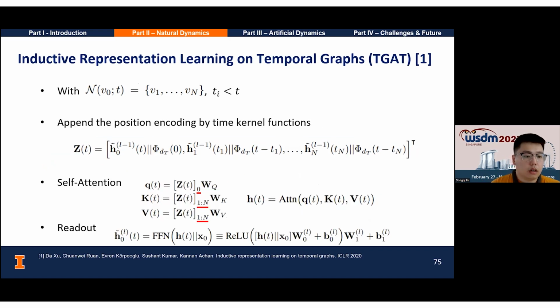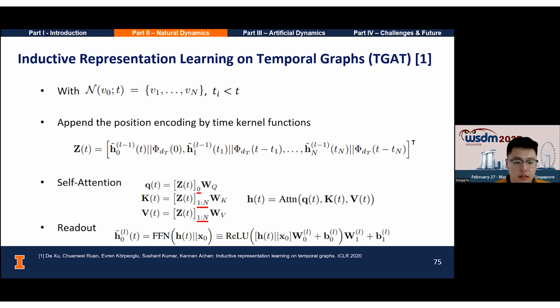With the spatial temporal neighbors and Z(t), next we can do the self-attention on the spatial temporal neighbors. Following the standard architecture, we need the query, key and value matrices for the self-attention. Again, Z(t), the zeroth row, and from the first row to the nth row, we form these by multiplying with WQ, WK, and WV to get the Q, K, V matrices in the self-attention mechanism.